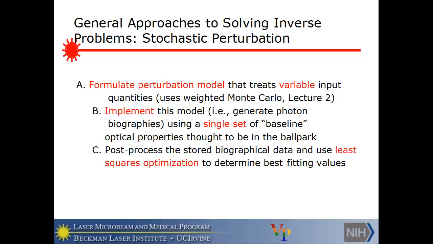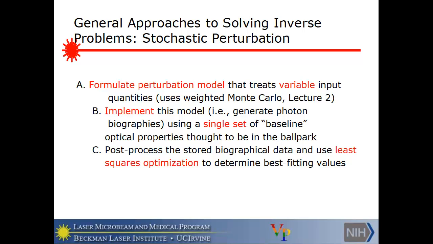So it's a handy thing to know about. The stochastic perturbation method will be talked about in more detail by Carlo. But what you do is you formulate a perturbation model that treats variable input quantities. It uses weighted Monte Carlo. It implements that model by generating a single set of baseline biographies, one set. And it post-processes the stored biographical data from that one data set and uses a least squares optimization to determine the best fitting parameters.